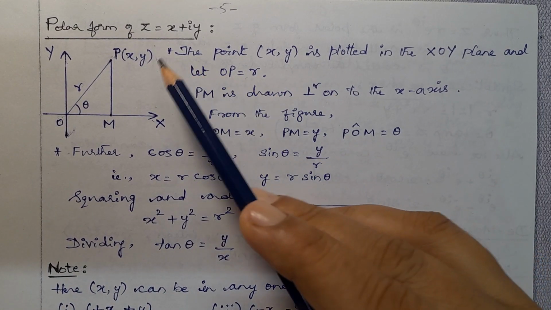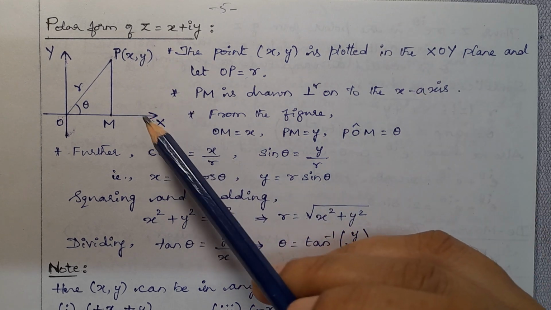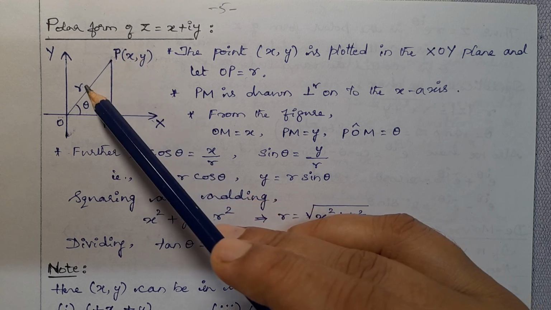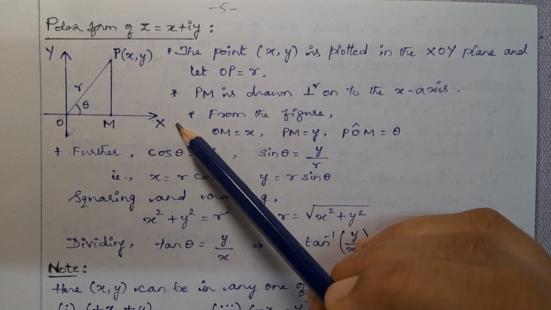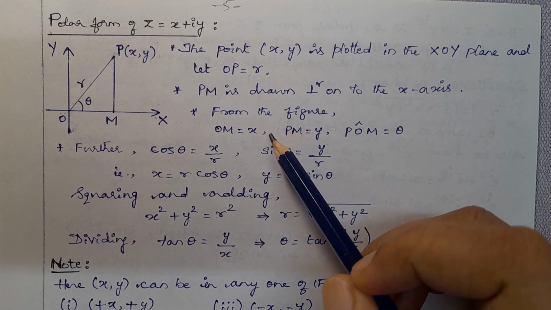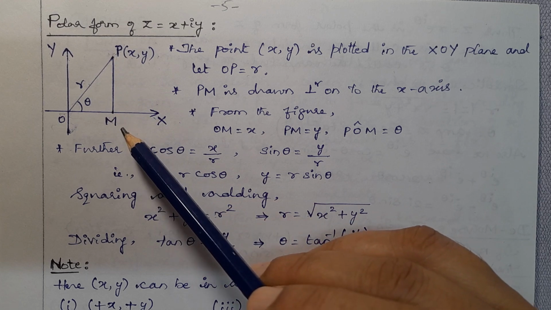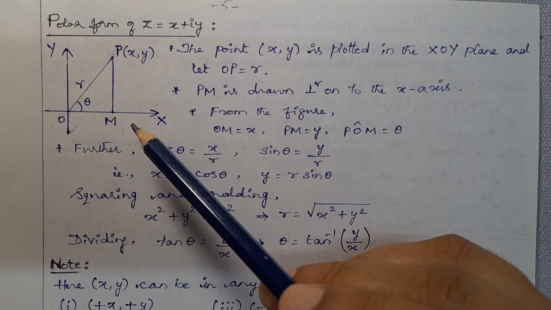The point x comma y is plotted in the XOY plane and let OP equal to R. PM is drawn perpendicular to the x-axis. From the figure, OM equal to x, PM equal to y, angle of POM equal to theta.